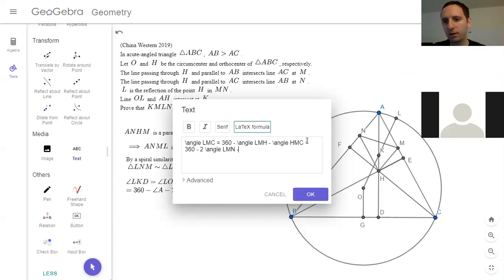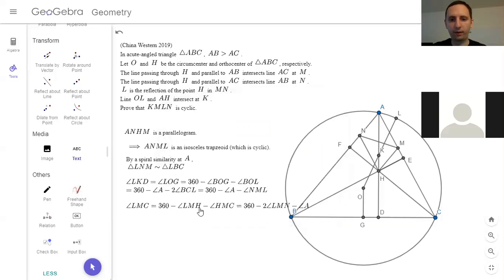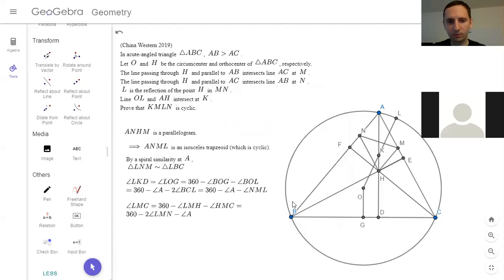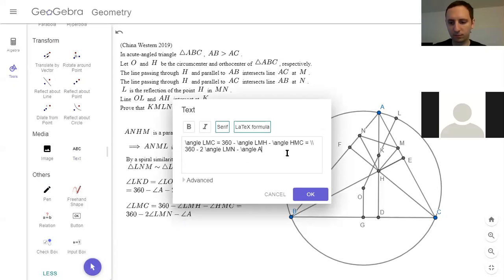And we know that HMC equals angle A by the parallel condition. So both of them are equal, and subtracting from 180 we get LMKA cyclic.